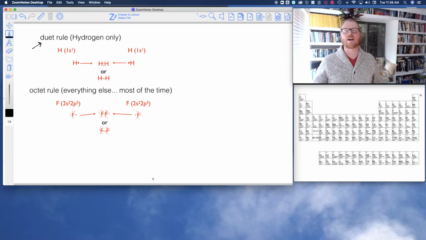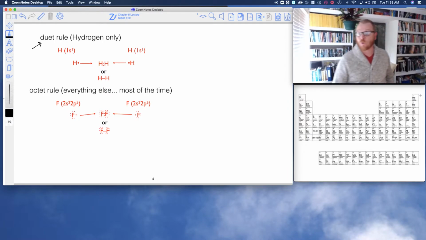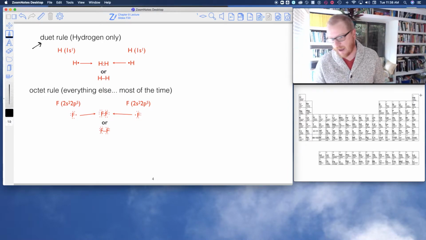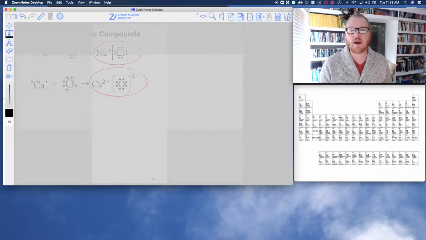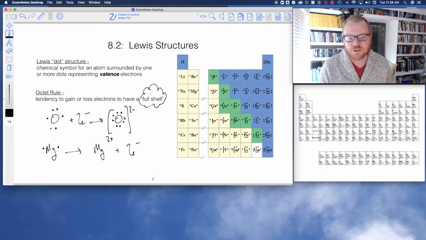So hydrogen is one of the exceptions to the octet rule. We're going to see a lot of exceptions. It's chemistry, right? It's the science of exceptions. If I back up for just 1 second, hydrogen has 1 valence electron, so 1 dot.